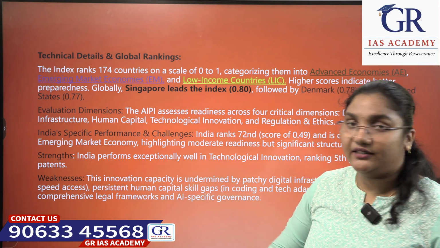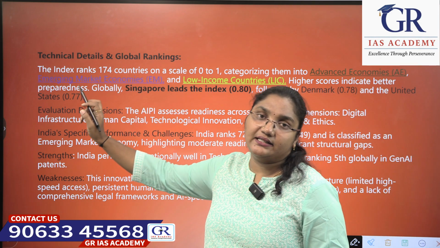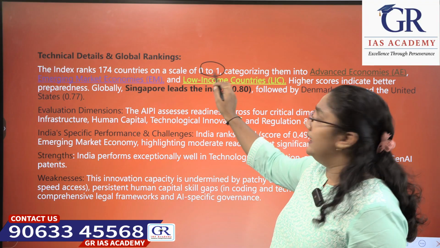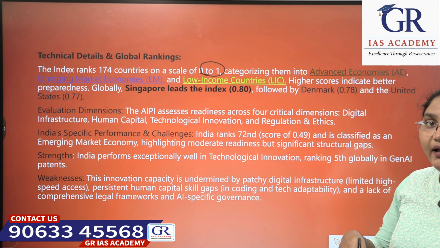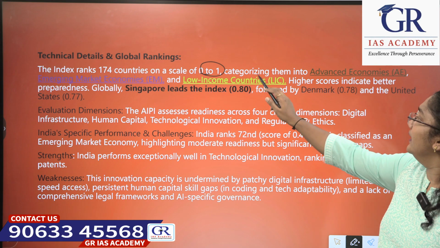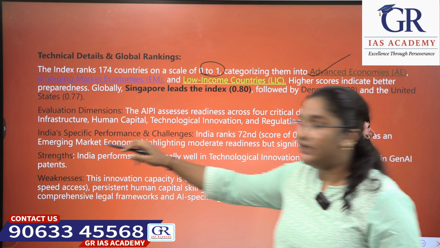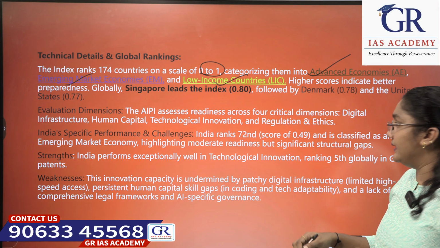We'll see a few technical details and the global rankings. In the index, how many countries are participating? 174 countries. On a scale of 0 to 10 it will rank. Who will give the rankings? The IMF, International Monetary Fund, categorizing them into advanced economies, emerging market economies and low income countries.